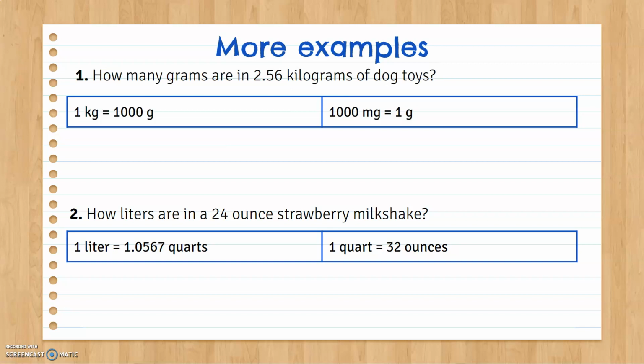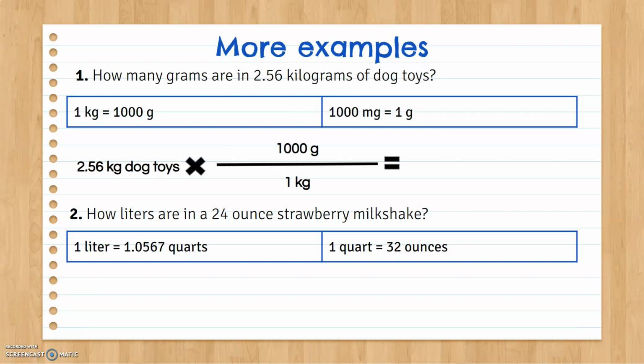So we're going to have to get rid of the kilograms and we're going to have to turn them into grams. And we've got a couple of conversion factors to use here. We've got 1 kilogram equals 1,000 grams. We got 1,000 milligrams equals 1 gram. So I don't think the milligrams are going to be super useful because the problem's not talking about that.